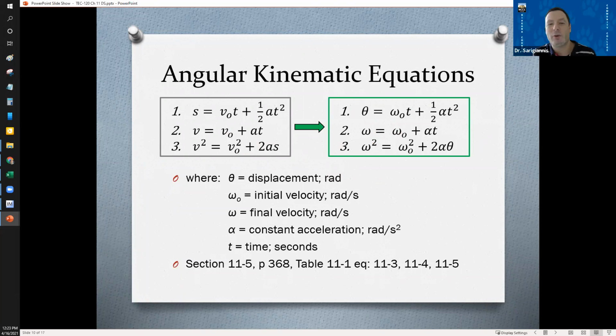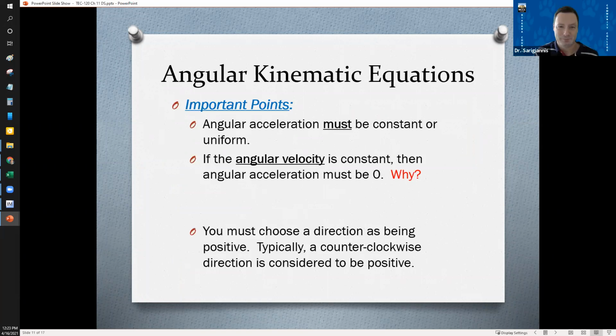We can use these equations to solve problems in a rotational frame of reference, just like we did with these equations to solve problems in an XY rectangular frame of reference. So there's the name, right? Rectilinear, curvilinear, or angular.